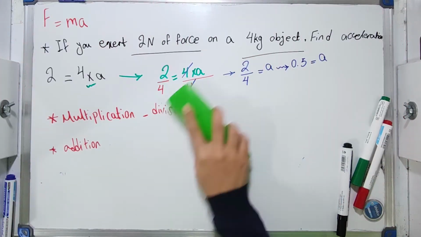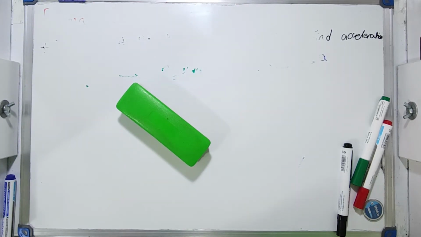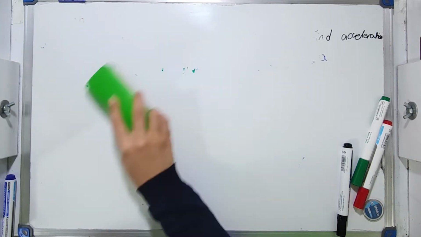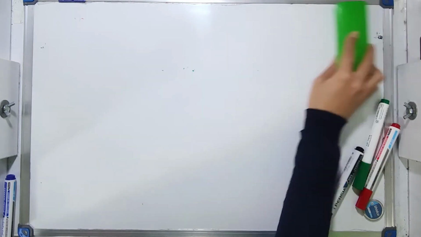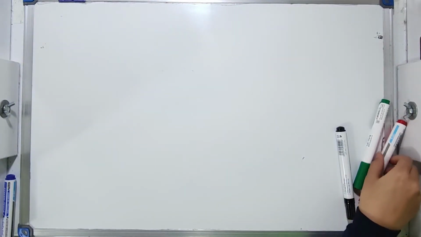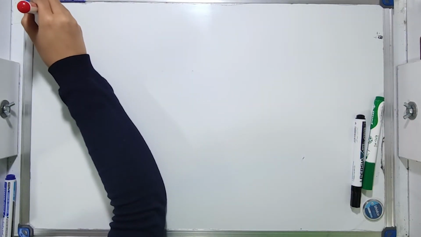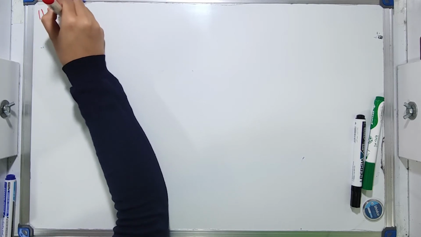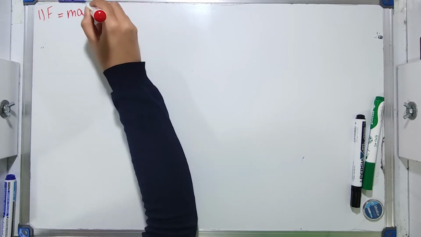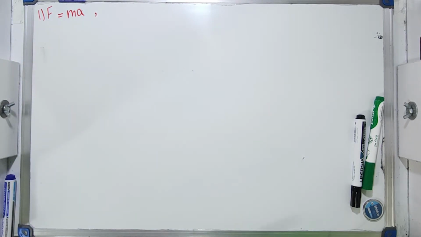Another equation here is when we have division. So the first form, let me just write all of the equations I'm solving here. The first form is F equal to m times a. Now I'm using another form that is division.